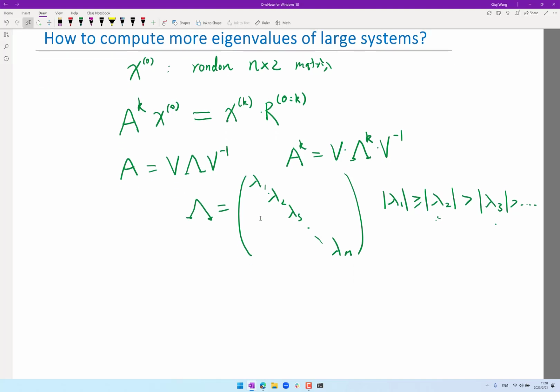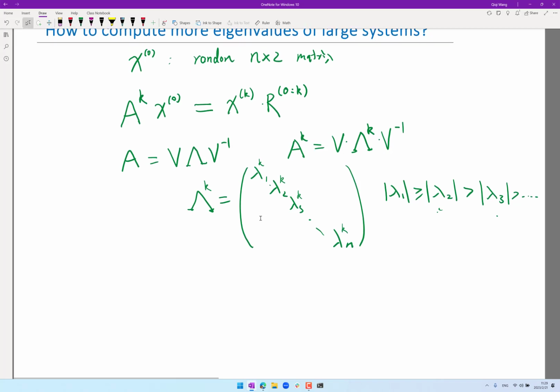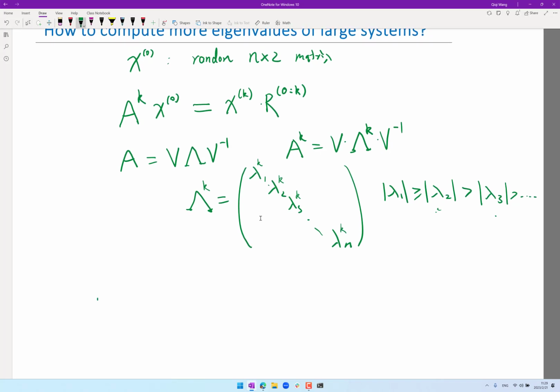Okay, of course, the matrix to the kth power is going to be lambda 1 to the kth power, lambda 2 to the kth power, and lambda 3 to the kth power, etc. Now the critical step in the analysis comes from this. So let's actually represent A to the kth power times x0 as V lambda to the k V inverse times x0.